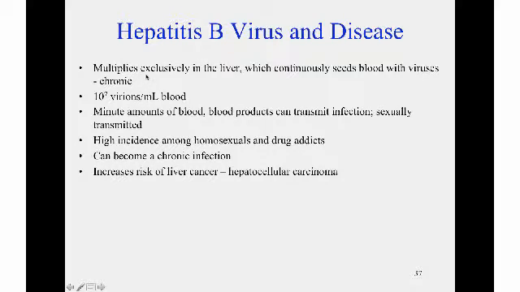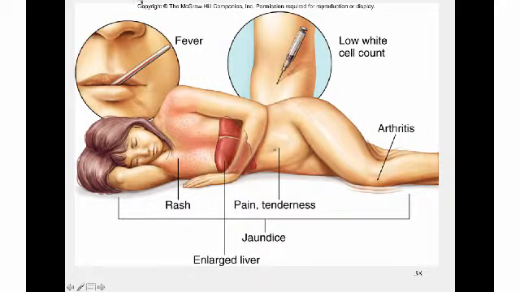The virus will multiply in the liver and continuously seed the blood with new viruses and can lead to a chronic tropic effect. So tropism for the liver, increasing the risk of cancer, hepatocellular carcinoma. So these are all the symptoms of it. Low white cell count, arthritis, fever, jaundice is the characteristic symptom, even a rash, pain, tenderness, and enlarged liver.